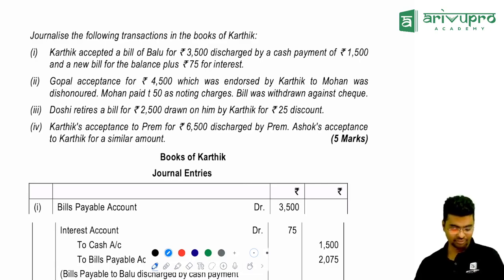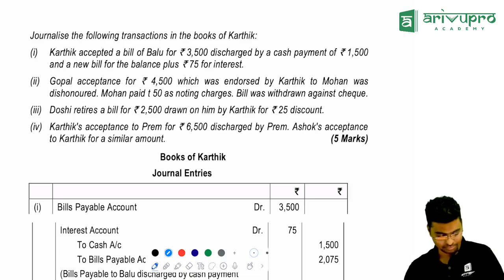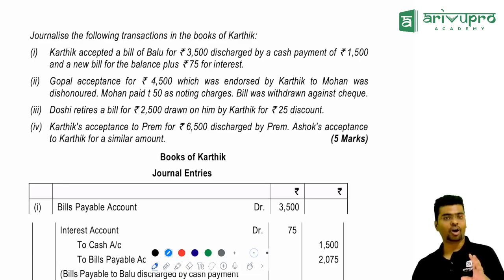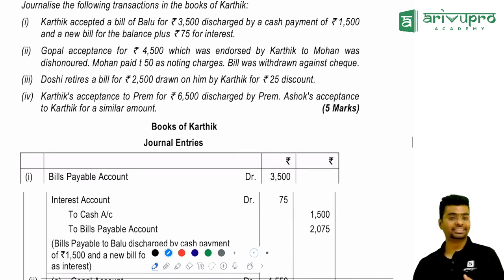Karthik accepted the bill for Balu for 35,000, discharged by a cash payment of 15, and the balance along with the interest. They are talking not for drawing the bill, they are talking for discharge. Discharge, what is that? So what is going to be your journal entry? Karthik accepted the bill, that means it's bills payable.